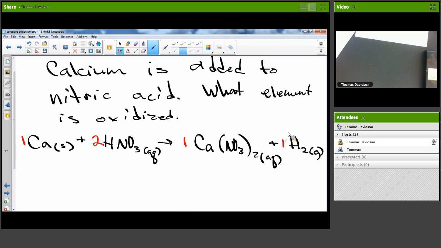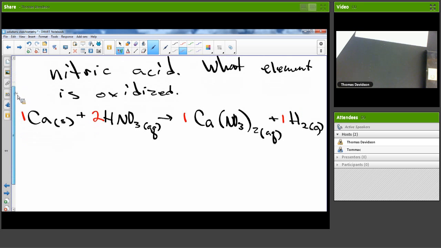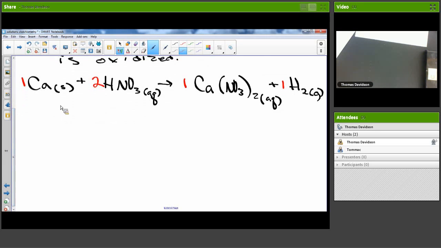But wait, there's more. It says in the directions, indicate the element reduced and oxidized using brackets and include numbers of electrons transferred. So now we have to do oxidation numbers. What's the oxidation of calcium? What is it over here? +2.